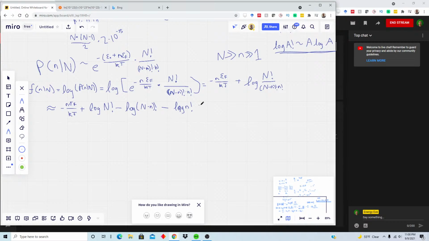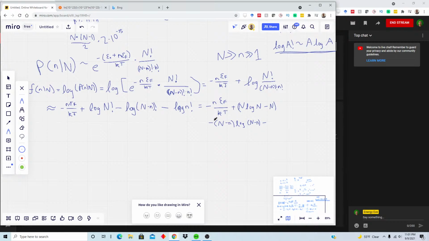So when we expand that, we still have our value here, n times the energy over kT, plus N log N minus N, because remember that's the first term, and then we have minus (N minus n) log (N minus n) minus (N minus n).